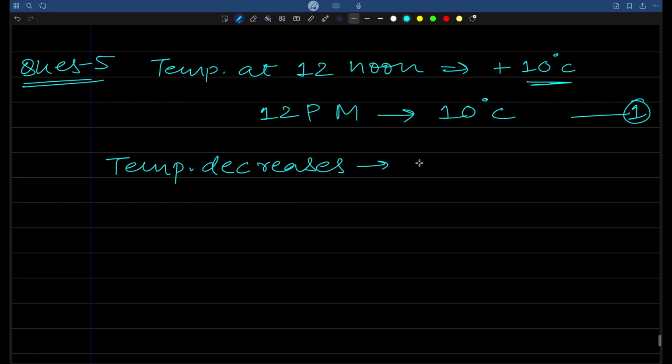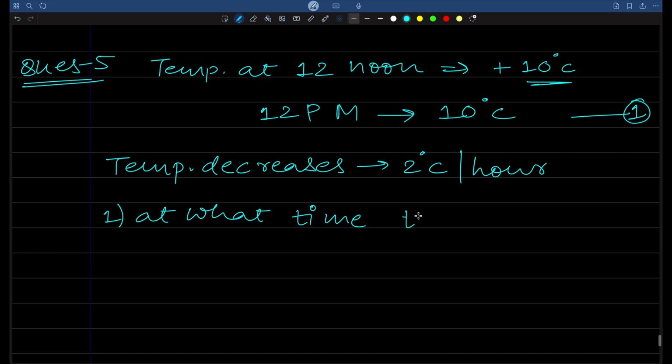Now question number 1, that is at what time would the temperature be 8 degrees Celsius below 0? That is 8 degrees Celsius below 0, that is minus 8 degrees Celsius.